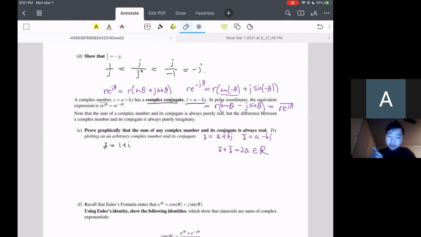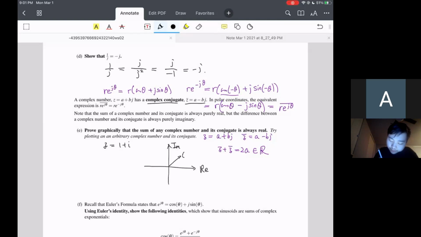Okay. So if we're given an arbitrary number, let's say z equals 1 plus j, arbitrary enough. Not quite, but should work. We should draw it in the coordinates. So we have the real axis, the imaginary axis. And the number 1 plus j corresponds to the point with coordinates (1, 1).